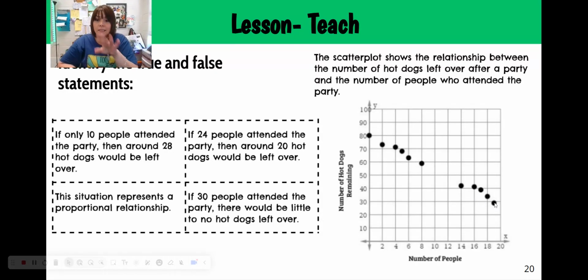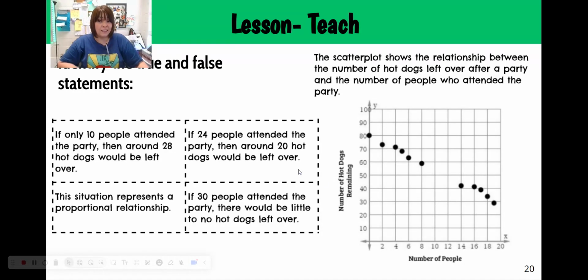Okay, so now it's giving me 4 statements, and we're going to figure out if each one is true or false. It says, if 10 people attended the party, so I'm going to come over here. They're talking about this number of people. Then around 28 hot dogs would be left over. Okay, so let's see. Well, there's no dot at 10, but based on the other dots, I can see that if there were 10 people, it would be around here. 28 would be way down here.